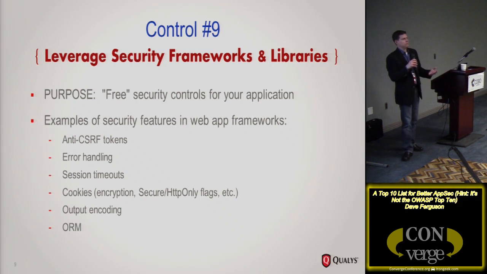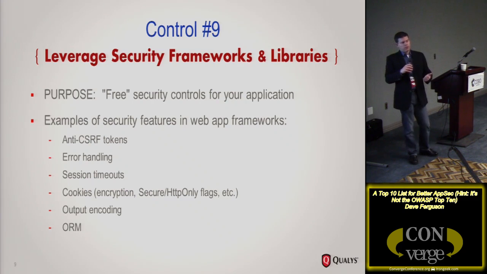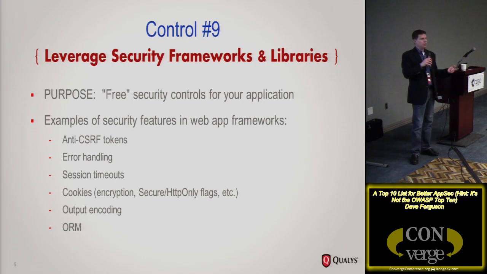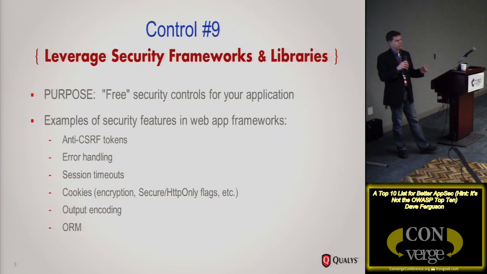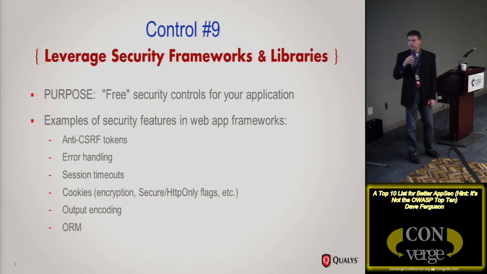Cookie configuration. This is very easy. It raises the bar for attackers, by making sure your cookies are marked with Secure, making sure they're marked with HTTP only. If there's any sensitive data being stored in that cookie, which hopefully it's not, but if you need to do that, you should be encrypting the contents of the cookie.